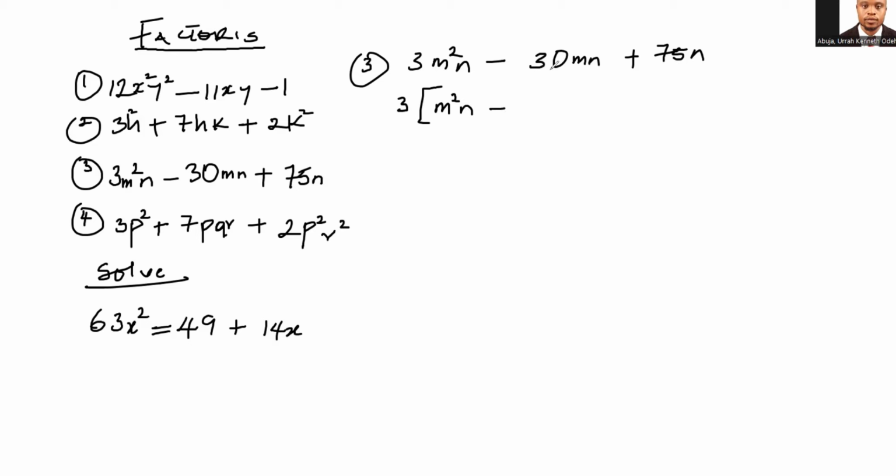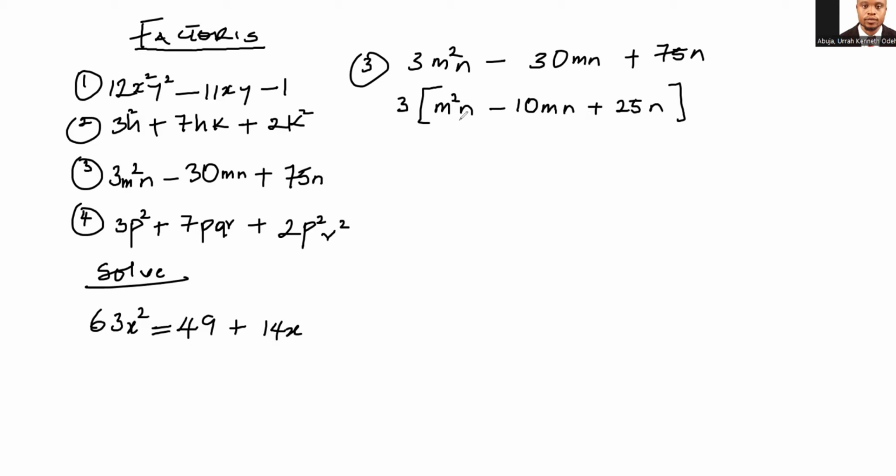Now 3 times 10 gives us 30. So if 3 is out of there, we have 10mn plus, again, 3 times 25 gives us 75. So if 3 is out of there, we have 25. So this is what we work with.